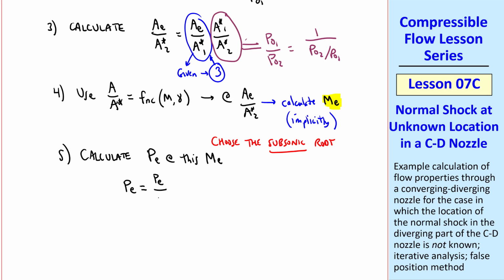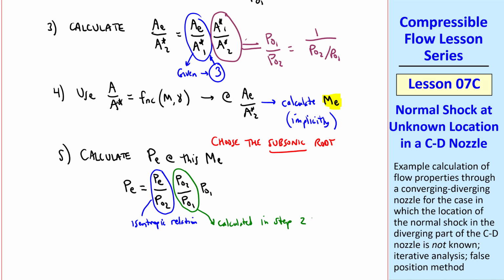PE is PE over P02, P02 over P01, P01. This comes from the isentropic relation that we've been using all semester, since we're approximating the flow as isentropic downstream of the shock. This we've already calculated in Step 2 above. And P01 is given, 1 megapascal, or 1000 kPa.